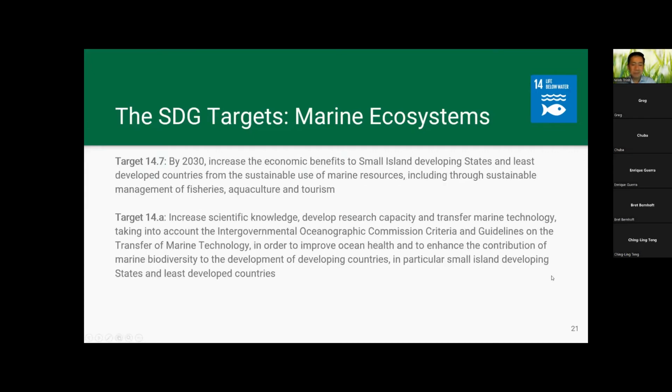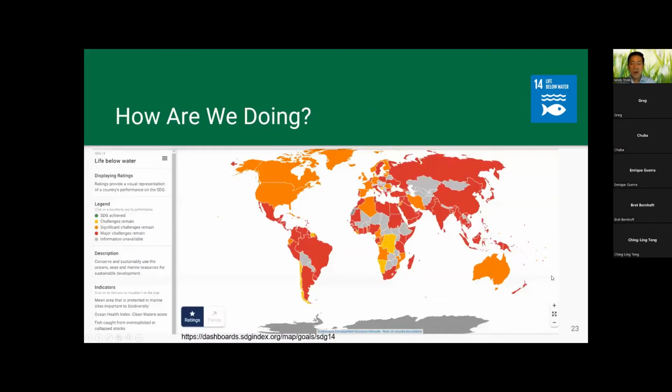So let's skip this. How are we doing for the marine ecosystem, or life below water? Here also you have the rating. Here maybe you should use these red and orange pictures. Here also it's a lot of red. You see these gray areas because they don't touch the seas and oceans, so there's no data to collect really.